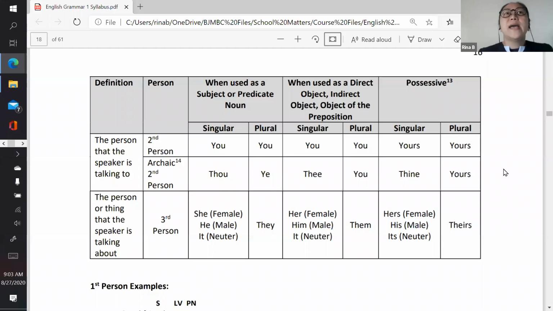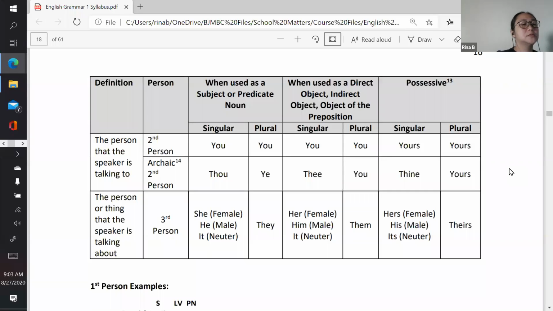And that's why whatever role a noun can play, pronouns can also play. We spent time last Tuesday on the personal pronouns, no? And I highlighted several things about the personal pronouns.